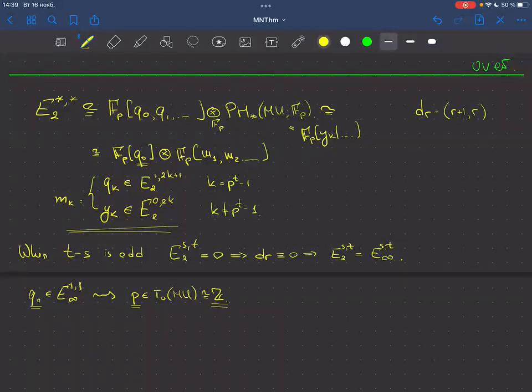So this is either p or minus p, but anyway, it works.